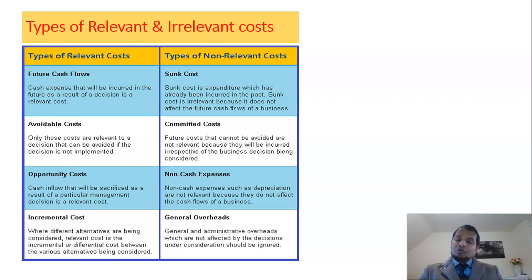Hope you understood which cost and which revenue would be relevant and which irrelevant. So we would be able to solve some questions. Mostly our lecture today would be mathematical, so we will solve 4 questions in the next part of the video.